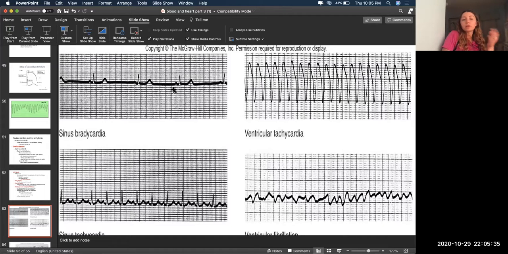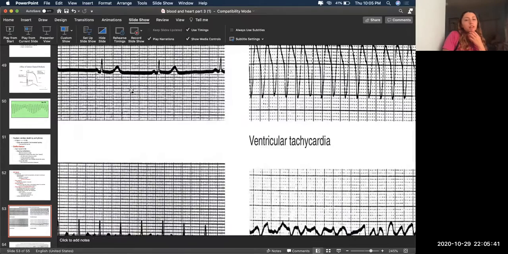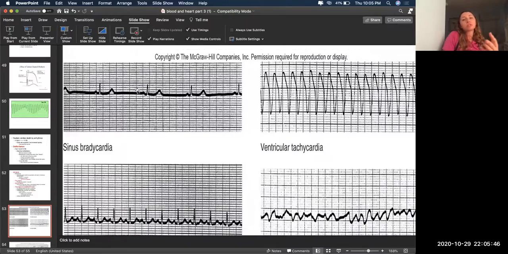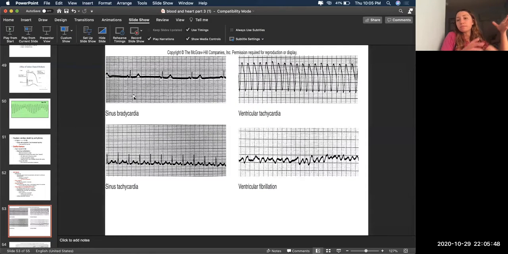So that could be from the SA node. I mean, the SA node's working, obviously. But it might be because this person's a runner, and they run marathons, and they're just super healthy. So they don't need a faster heart rate. You know what I'm saying. They don't need that.